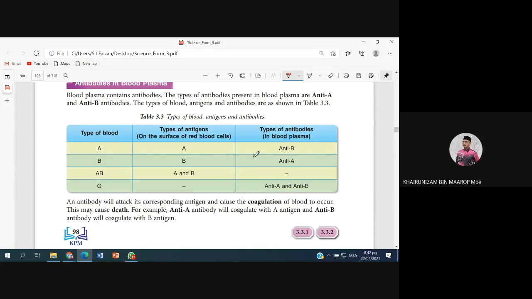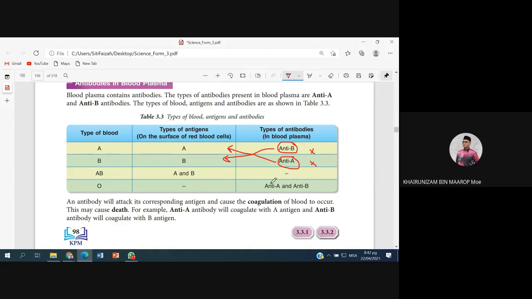Okay, boleh faham tak? Maksudnya macam ini, anti-B ni dia tak suka dengan ni. Dia tak boleh bercampur. Anti-A ni dia tak boleh dengan ini. Tak boleh. What about AB? Tak ada antigen.